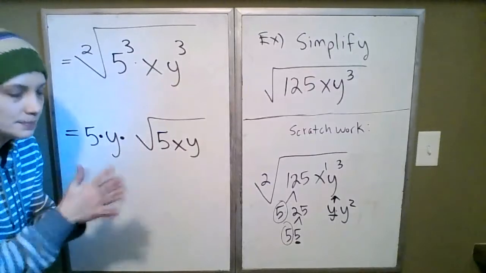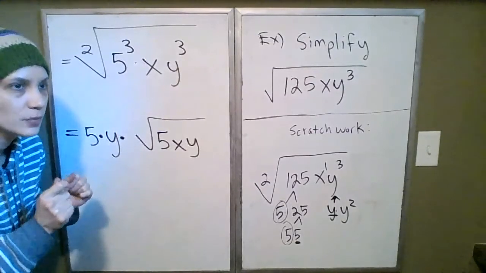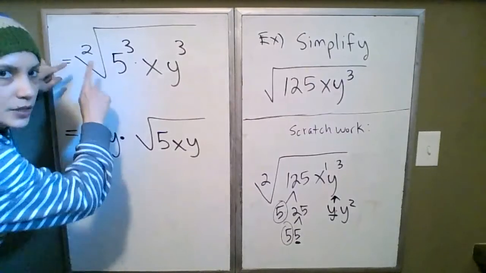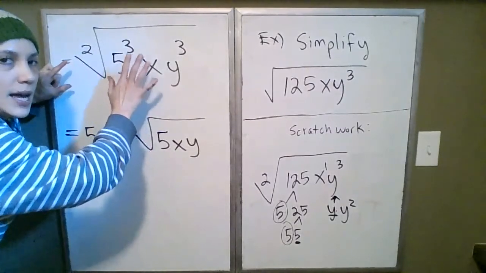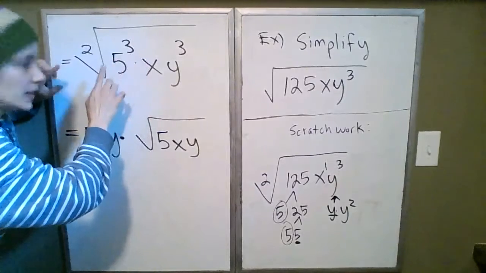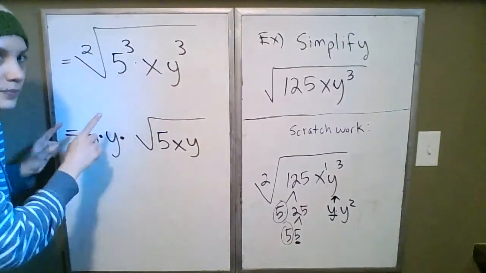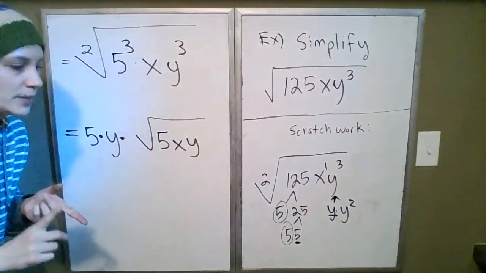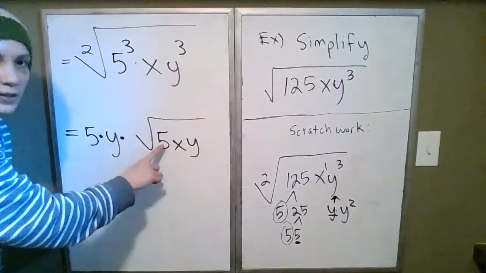I'm going to try to talk through this in a different way. Sometimes I've worked with a person who's noticed that you can divide the root into the power. Say 3 divided by 2 is 1 with the remainder 1. So you can bring out one 5 and the remainder stays.